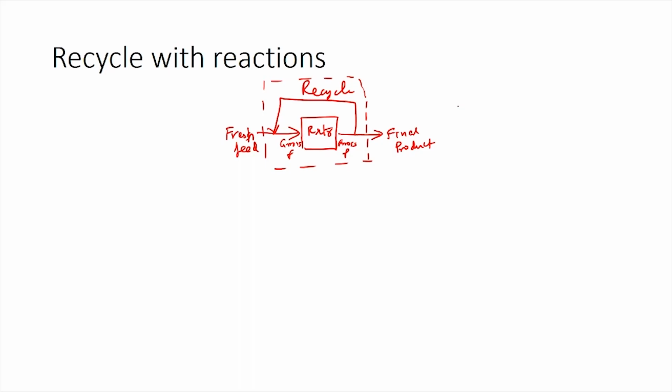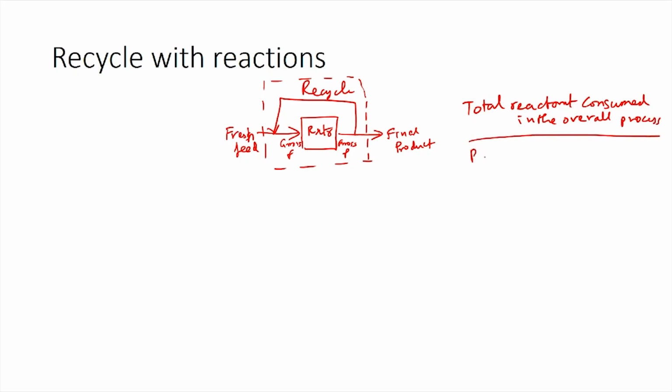So this would be total reactants consumed in the overall process divided by reactant fed through fresh feed. So this is the overall fraction conversion.